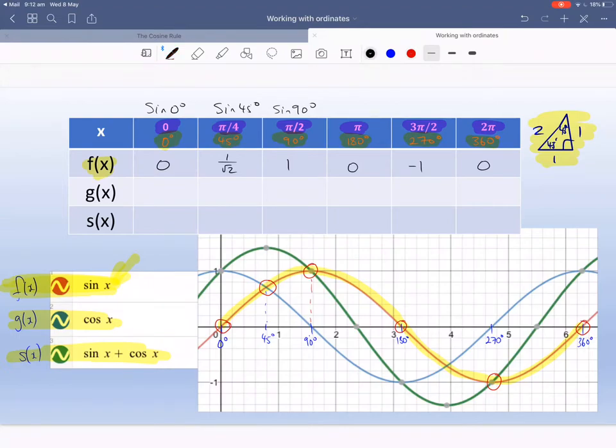Now, for the sake of this video not going too long, I'm going to do quickly the cos value. So cos at the beginning is always 1. So remember, g of x is actually cos, okay? And then pi on 4 is actually the same value as sine, so 1 on root 2. And then it does sort of like the opposite thing.